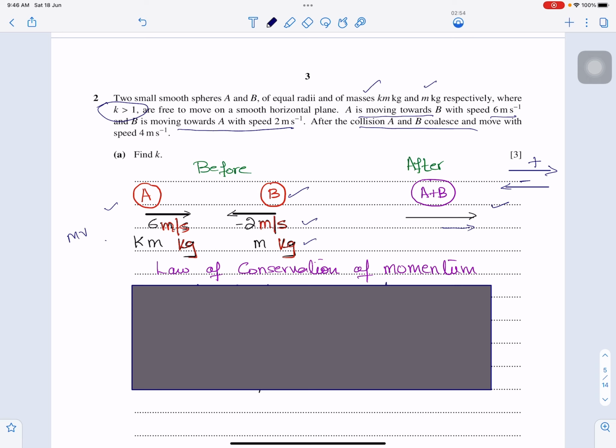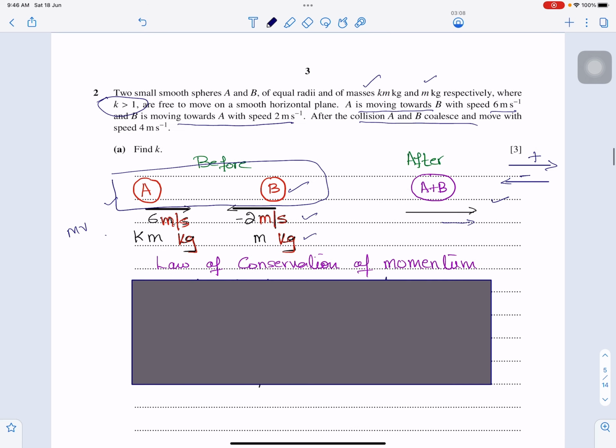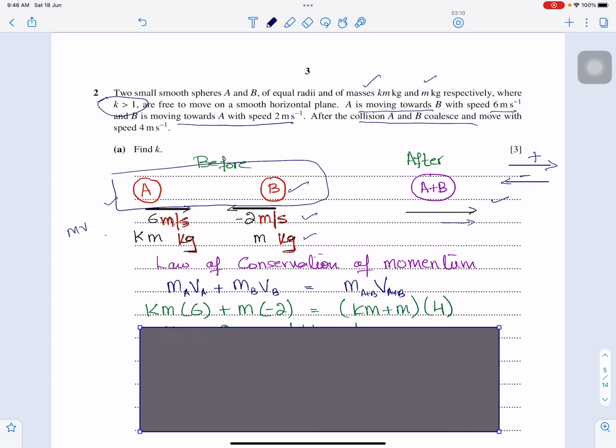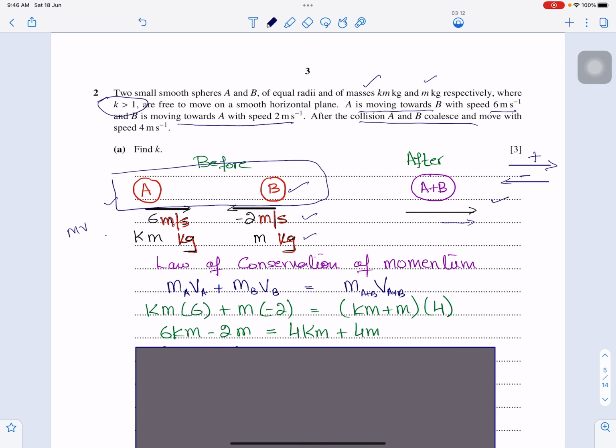So now according to the law of conservation of momentum, what happens? This system of A and B, right? This system of A and B. Before the collision, whatever the momentum is, it will remain the same after the collision. And that's why we write the equation here. If you see here, I have written here mAvA.